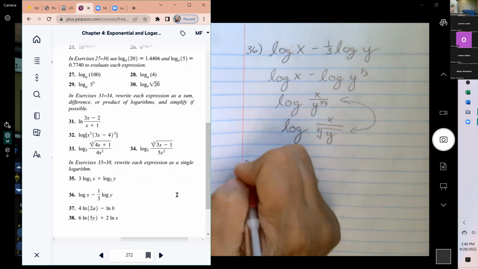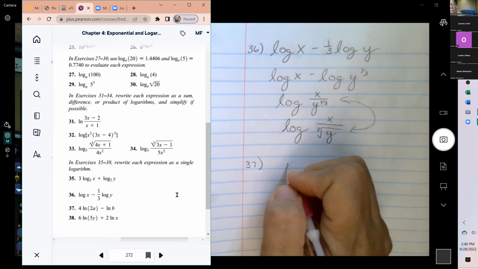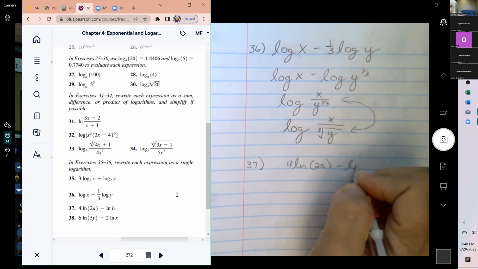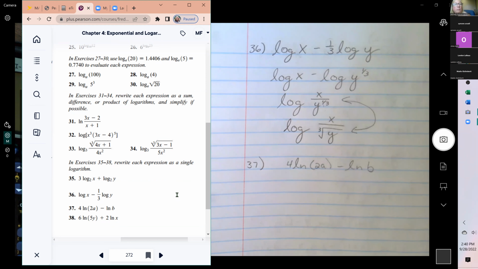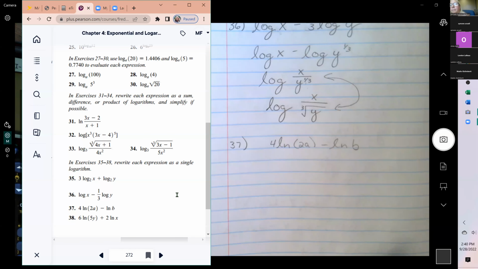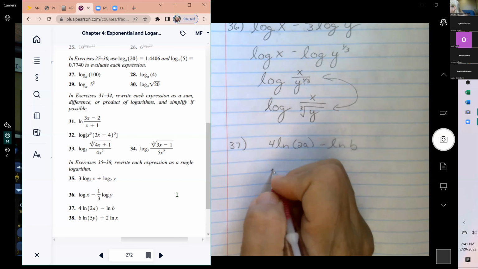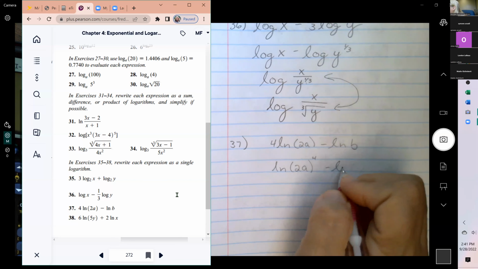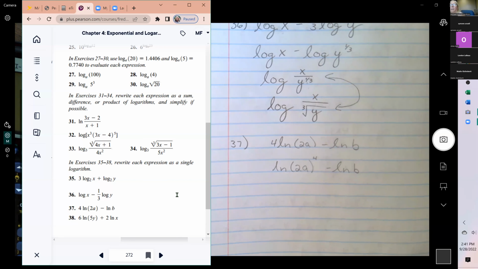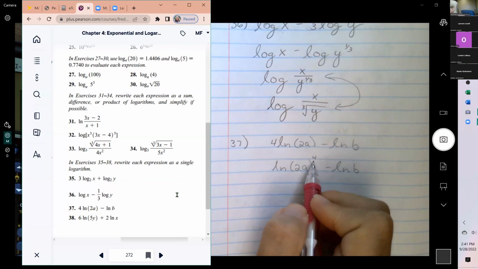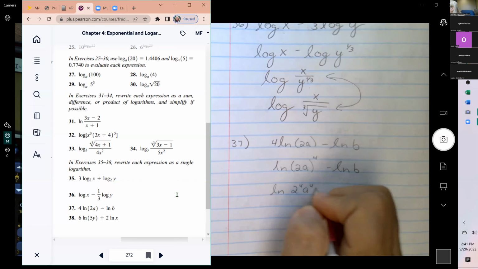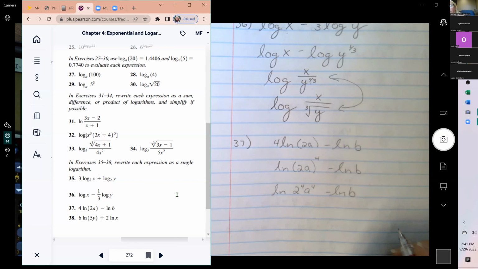Try 37. Now, this exponent is the same as 2 to the 4th, a to the 4th.